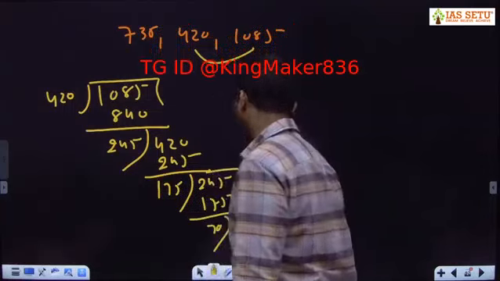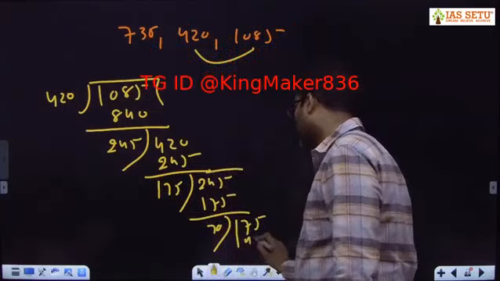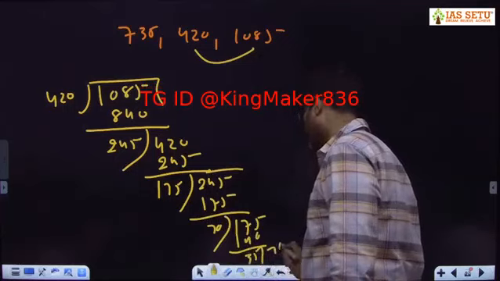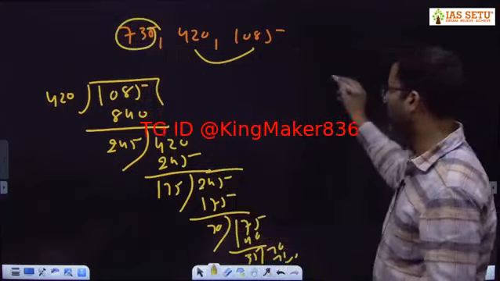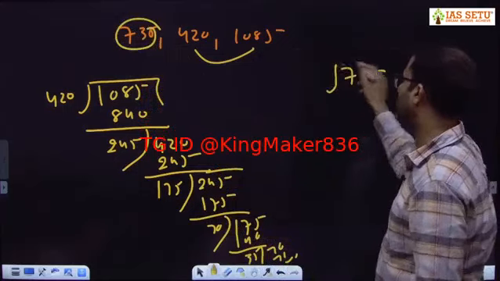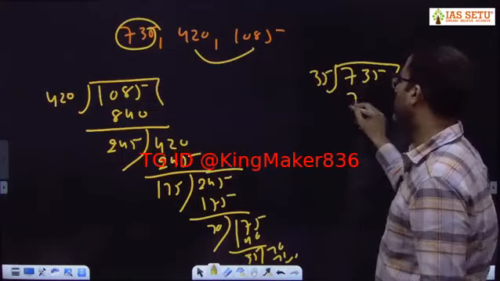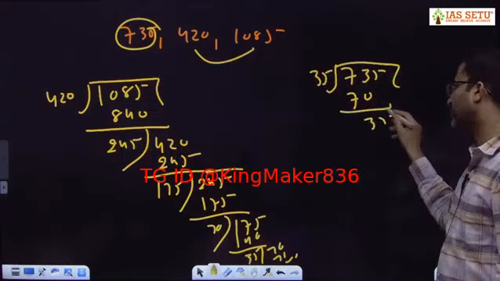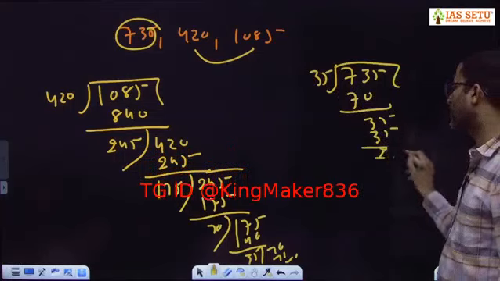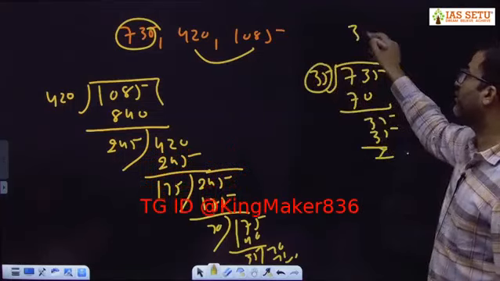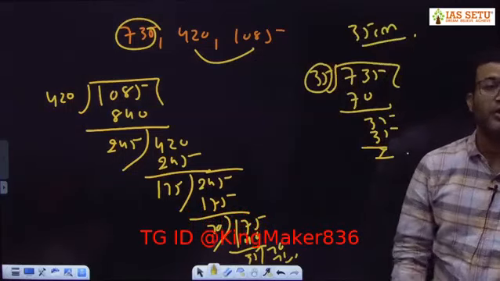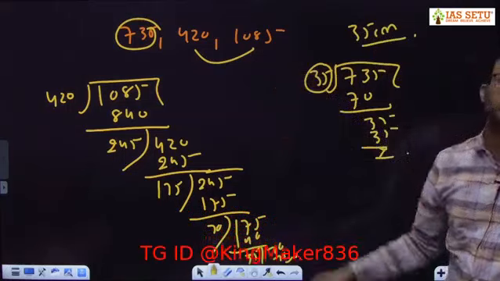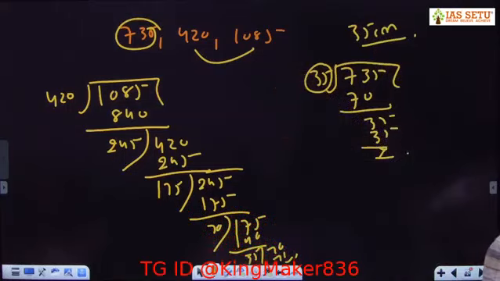You get 70, 175, 140, 35. 35 to the 70. When we check the remaining number with 35, 735, we divide by 35. 35 twos are 70, 35, 35 ones are 35. So here 35 centimeters is the greatest possible length which can be used to measure these 3 lengths exactly.